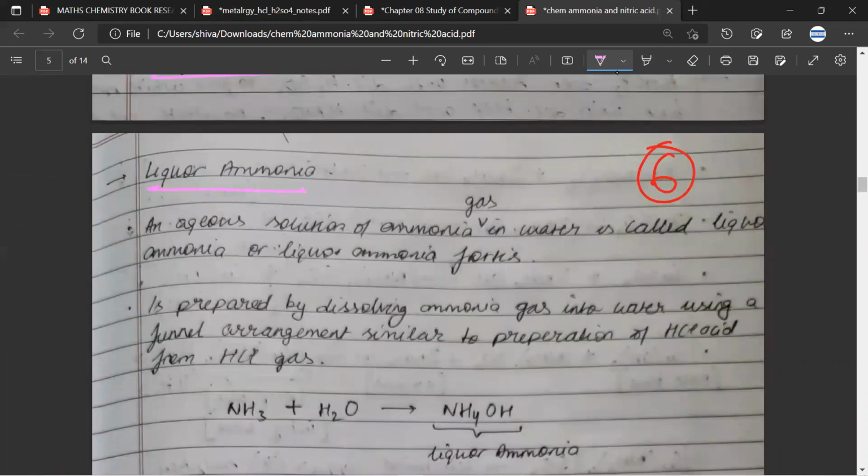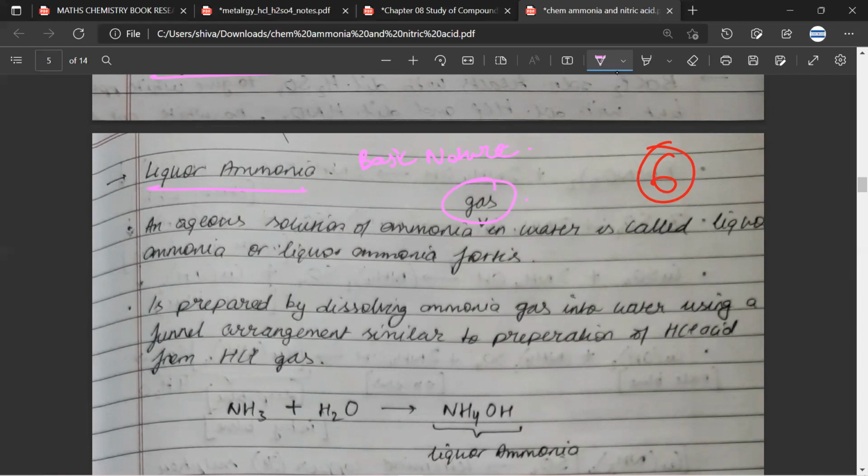Now let's study liquor ammonia. Liquor ammonia is part of the section on the chemical properties of ammonia and it represents ammonia gas's basic nature. An aqueous solution of ammonia gas. Special emphasis on gas, since it could either be ammonia gas or acid; in this case it is gas.